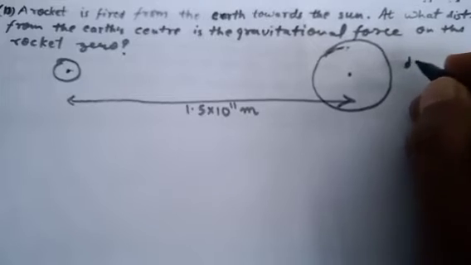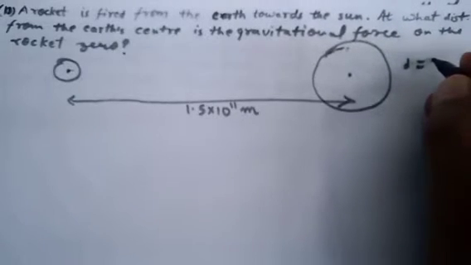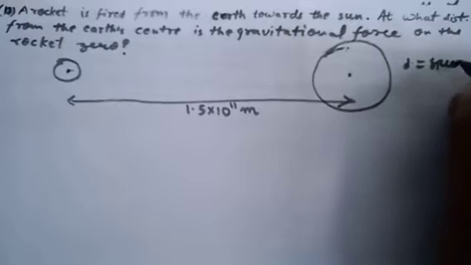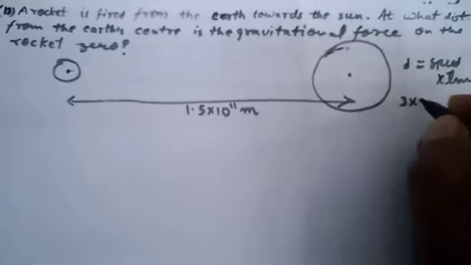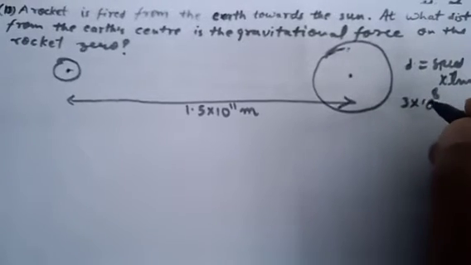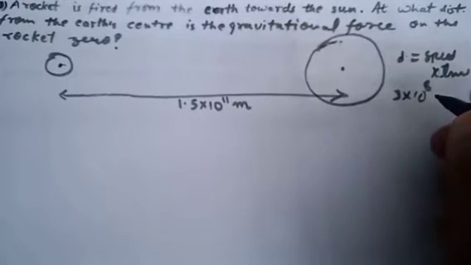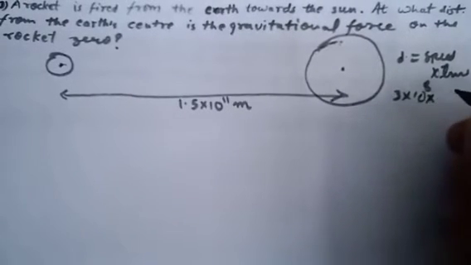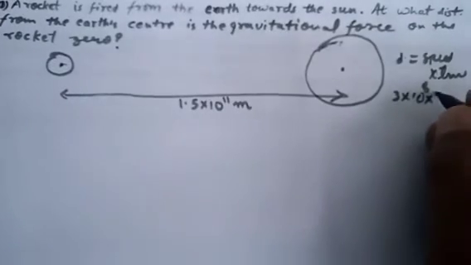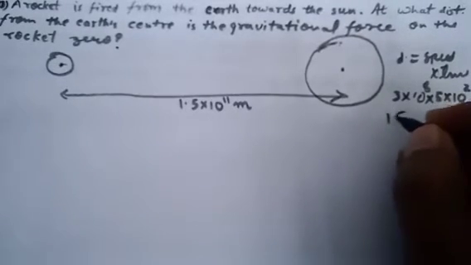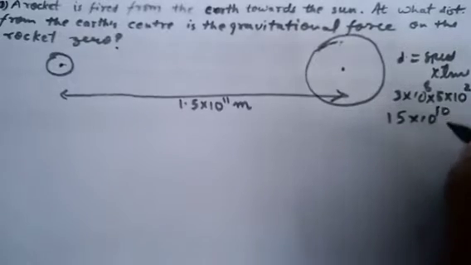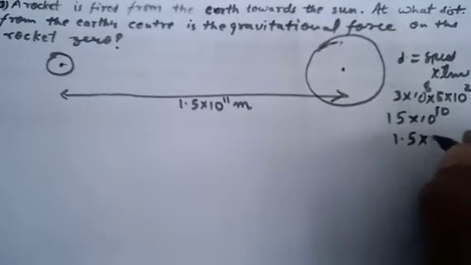We know distance equal to speed into time, and we know speed of light is 3 into 10 to the power 8, and time taken by light from the sun to reach the earth is 8 minute 20 second, that is approximately 500 seconds. So 5 into 10 to the power 2, 5 3s are 15 into 10 to the power 10, so that is 1.5 into 10 to the power 11.